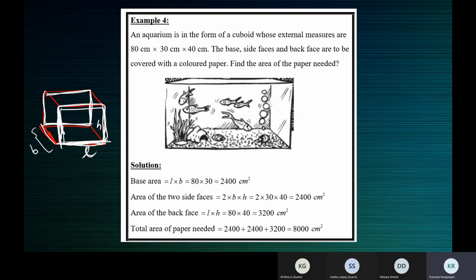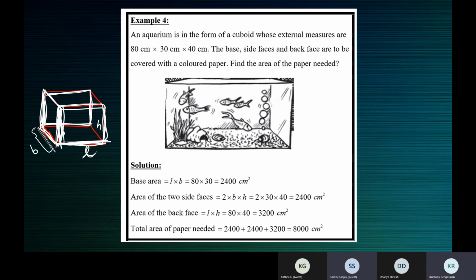Now coming to the 2 side faces. This is one of the side faces. I hope you can see me annotating. How much is this? What is this called? B, right? Yes, ma'am. And this one? Height, ma'am.